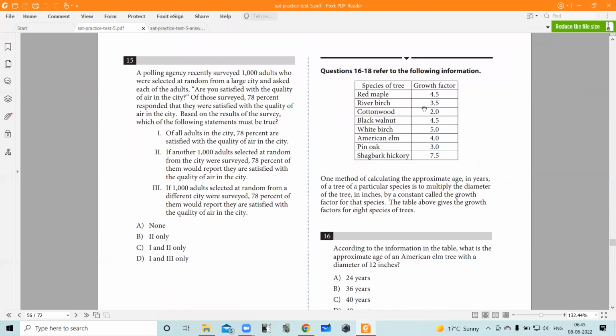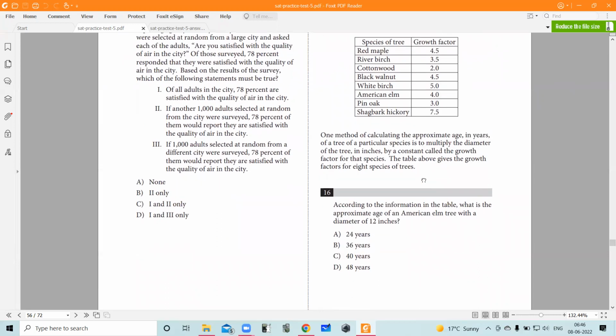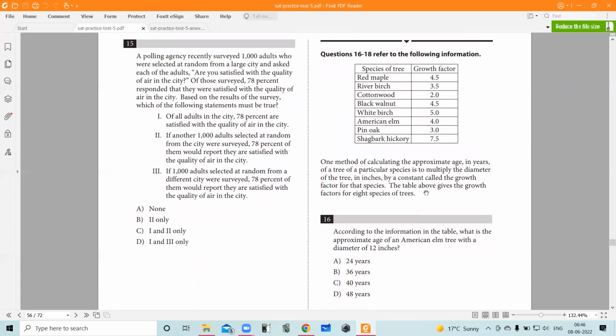So you had already understood that there are species of trees and there's a growth factor. And there is a formula which is giving us one method of calculating the approximate age in years of a tree of a particular species: multiply the diameter of the tree in inches by the constant called the growth factor. So that is a formula.